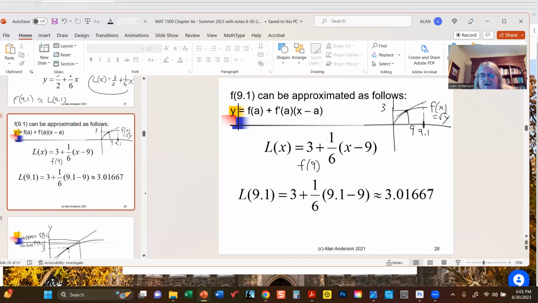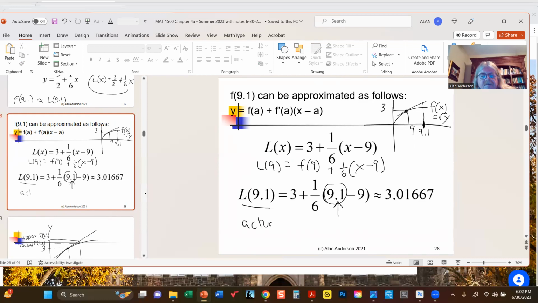In other words, the square root of 9 plus the slope, x minus a. So what we're going to do differently here is that we're going to replace the 9 with 9.1. So L of 9.1, the intercept hasn't changed, 1.6. This is the only part that changes. And you can see that this is 3.01667. So this is the approximation.